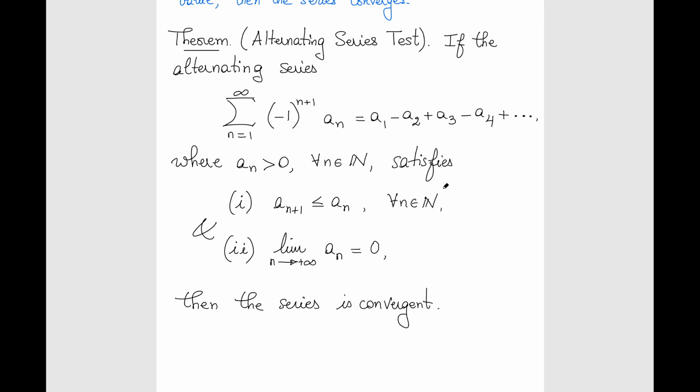So what if we take this out and replace it by, instead of asking all of it to be non-increasing, asking that from a certain rank on this happens? So for all n greater than or equal to n naught, for some n naught. What does this mean?